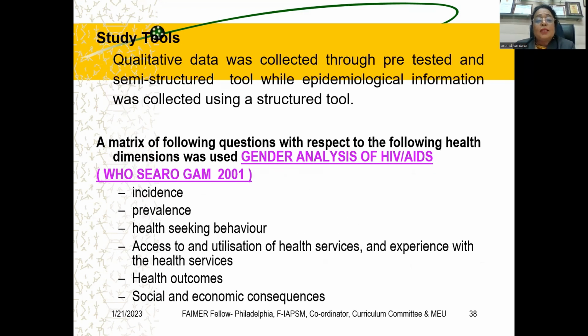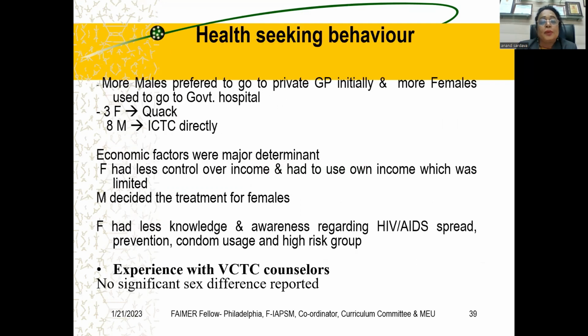So some qualitative data tool was applied with open-ended questions, and for some information, it was a closed-ended interview questionnaire. The matrix was used, as I've earlier said, when I showed the tool. We saw for incidence, prevalence, health-seeking behavior, access to the services, health outcomes, and socioeconomic consequences.